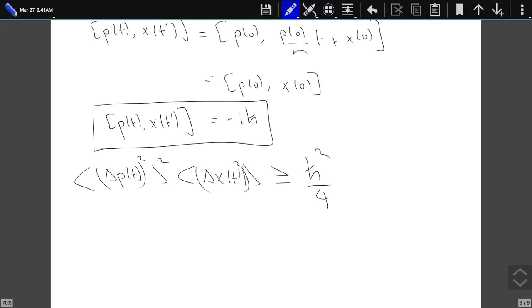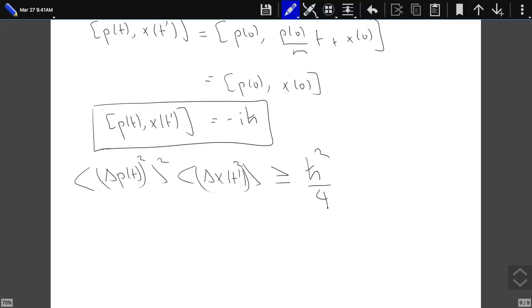So delta p at 0 is 0. But this is telling me that I have no idea about the position of this particle at any time. So if we state this particle at t equal to 0 as a definite momentum state, my particle doesn't just go and localize at a given point.